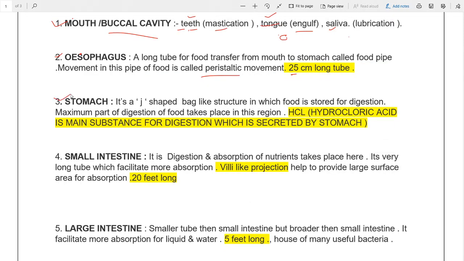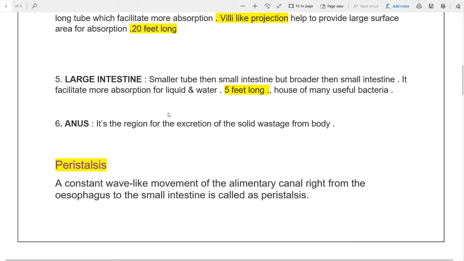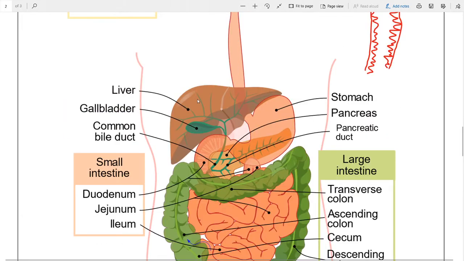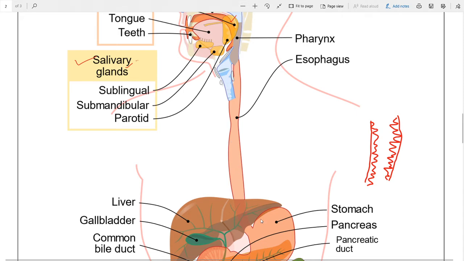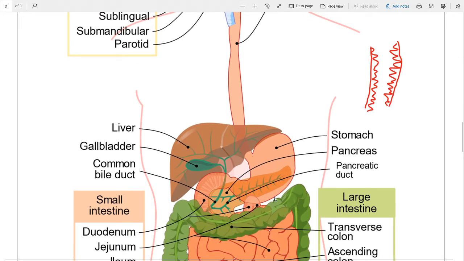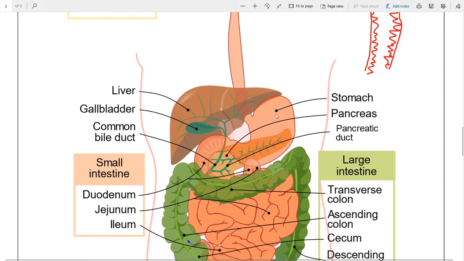The next is the stomach. The stomach is a J-shaped, bag-like structure in which food is collected from the mouth, then the esophagus, then the stomach. In the stomach, the food is collected temporarily and gets digested through HCl.